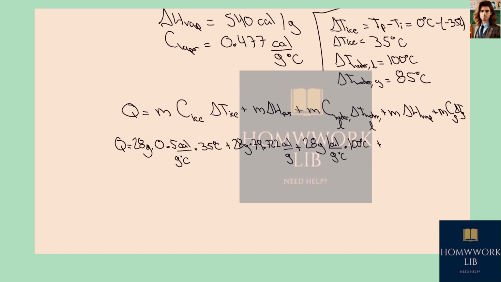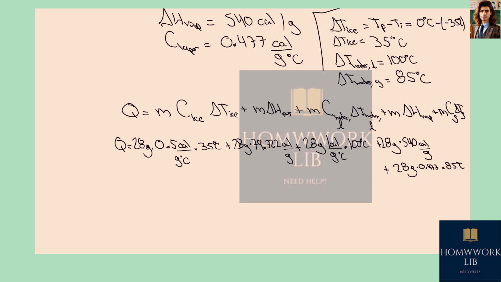Plus the amount of mass, 28 grams, delta H of vaporization, that is 540 calories per gram. Plus, I'm going to put it down here, the final contribution, that is 28 grams times heat capacity of the gas, that is 0.477, times delta T for the gas, that is 85 degrees Celsius.